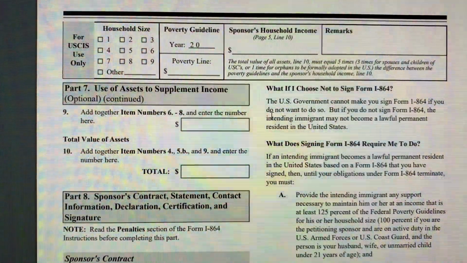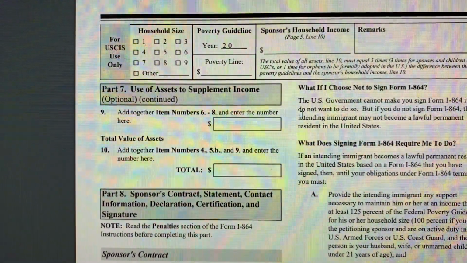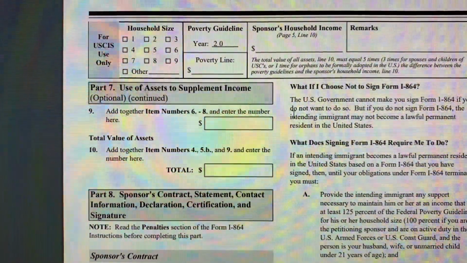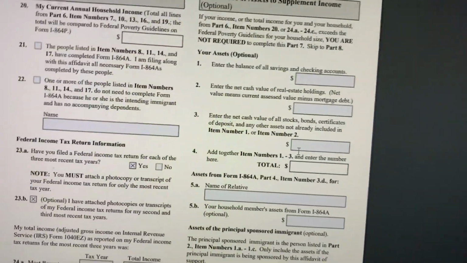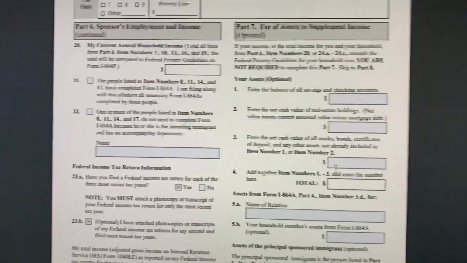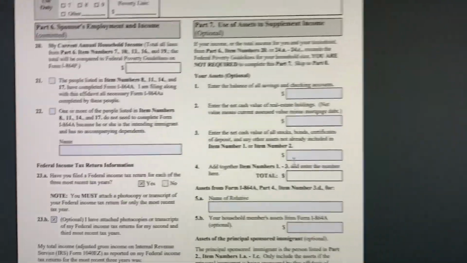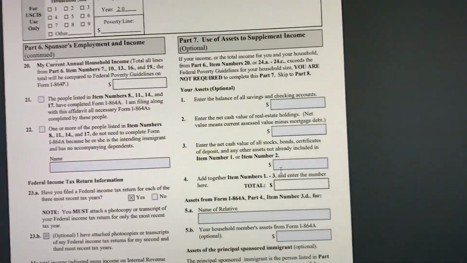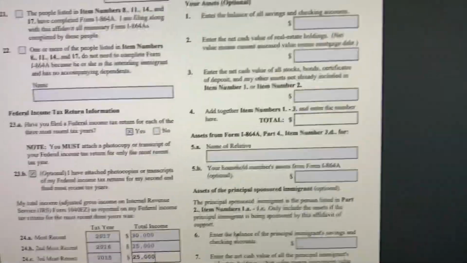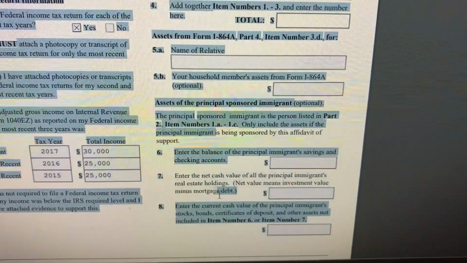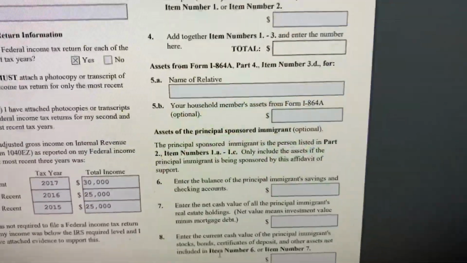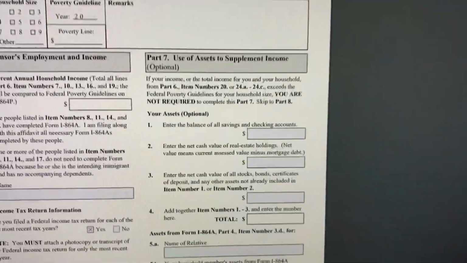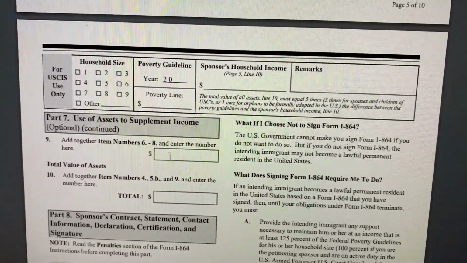Part 7, use of assets to supplement income. Add together items number 6 and 8. Enter the number here. So again, this is for the people in item number 6 to 8. If you answer this part, you need to provide the total here.